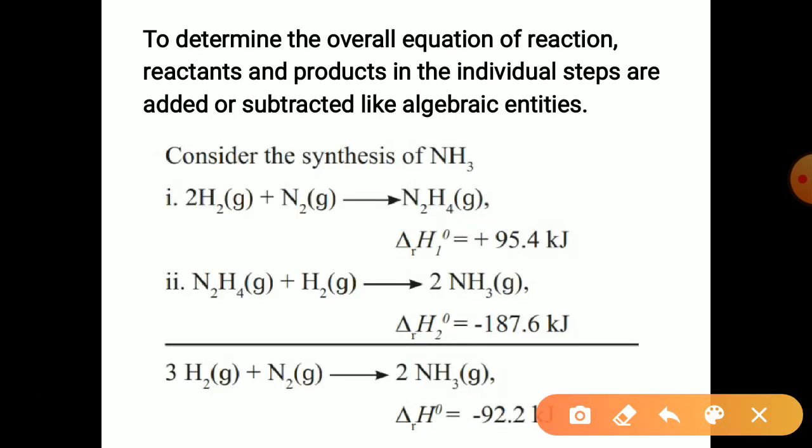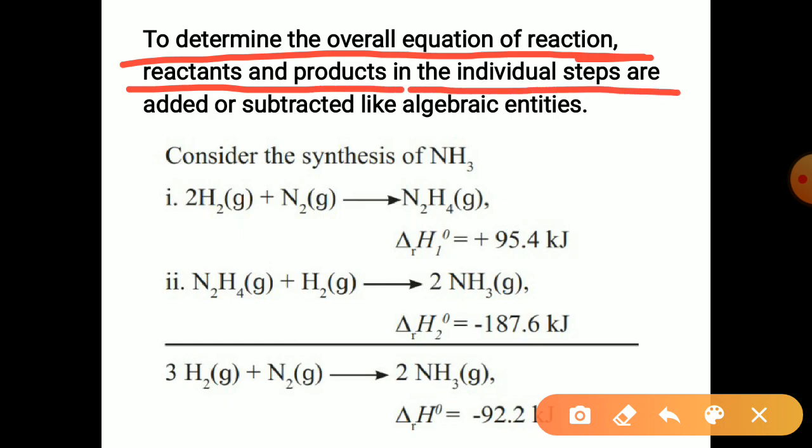Now let us know in detail what this law states. For example, to determine the overall equation of the reaction, the reactants and products in the individual steps are added or subtracted like algebraic entities.